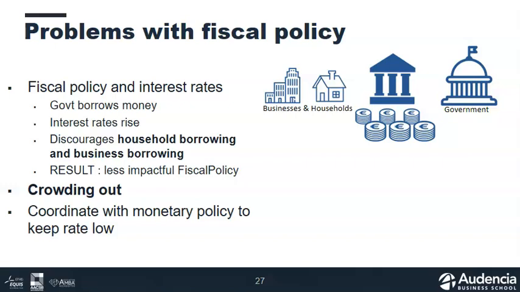The government still has to operate. So if we increase the deficit, we have to finance the deficit somehow. So let's take the example here. We have a government, and they're operating, and we have a bank here that has a whole bunch of money that can be borrowed. And we have businesses and households that also borrow money. Businesses borrow money to invest. Households borrow money to buy goods and services.